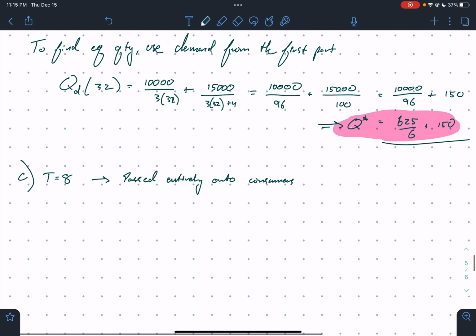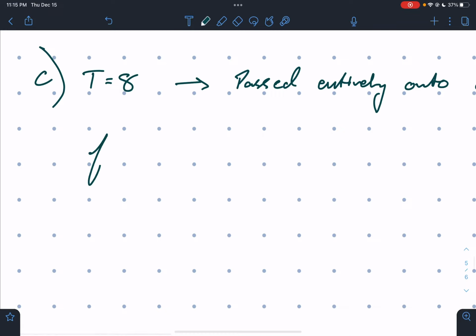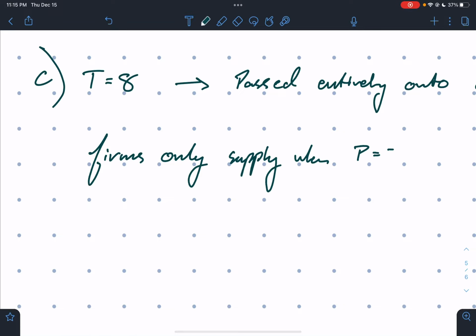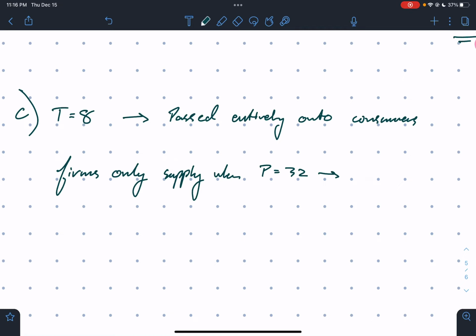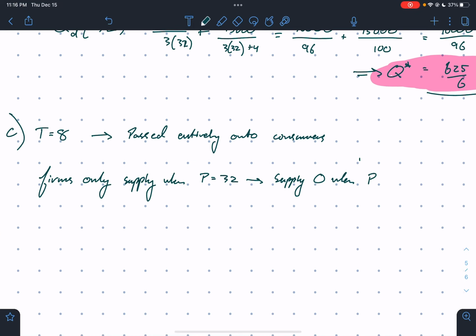So why do I say this? Well, firms will only supply when P is equal to 32. They will supply 0 when price is less than 32. So they need to be getting 32. Otherwise, they will not supply anything at all.